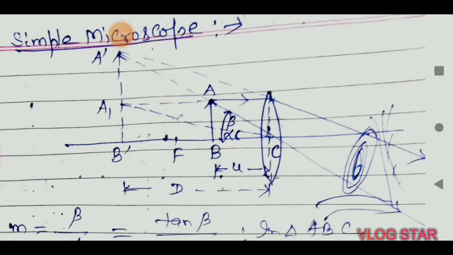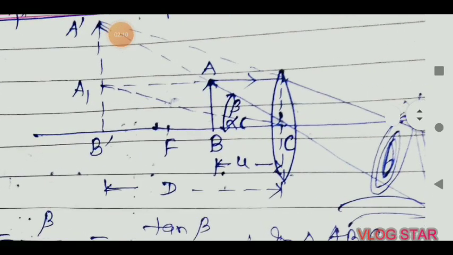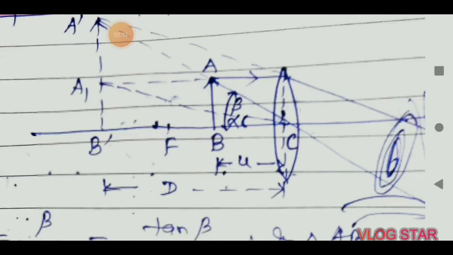We say that the object is small in size, and when it becomes very, very far, it looks like a point object. So we estimate the size of objects by the angle subtended by that object on our eye.